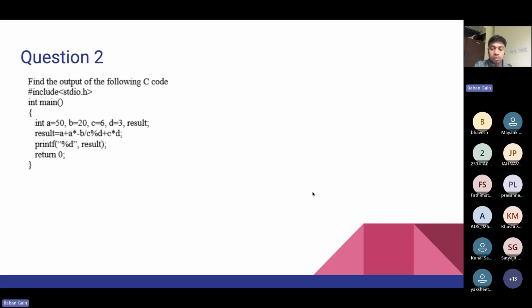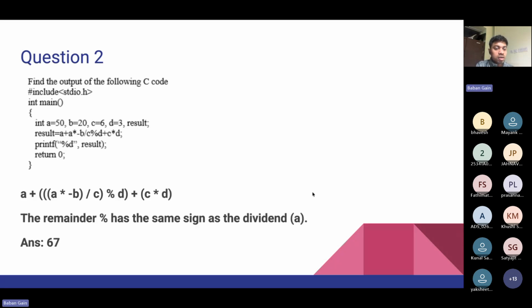Okay, so the answer here is that the sequence will be like she's actually correct. So A into minus B will happen first. At the same time, C into D will also happen, it is separate, right? And after those, there is a division operation and modulus.